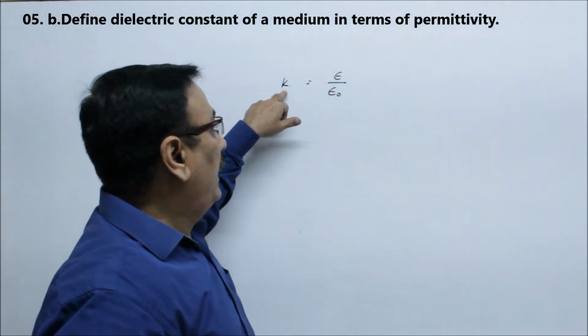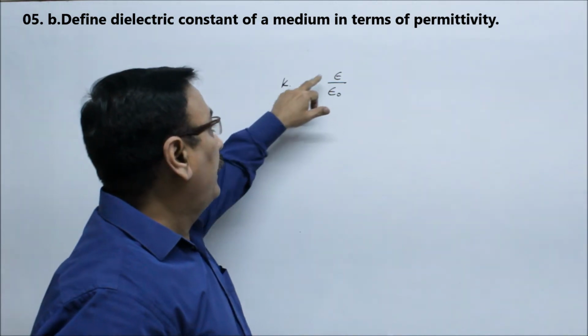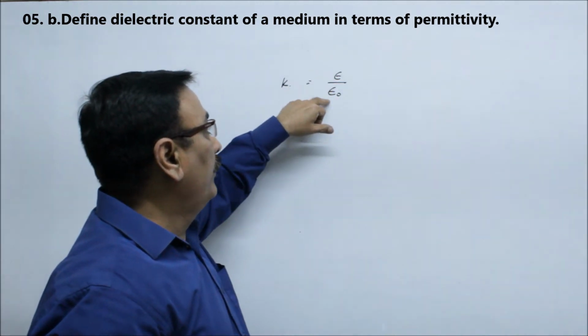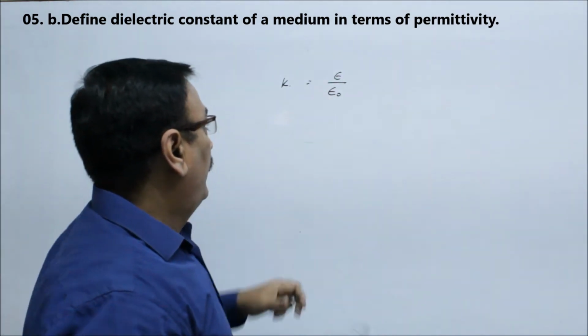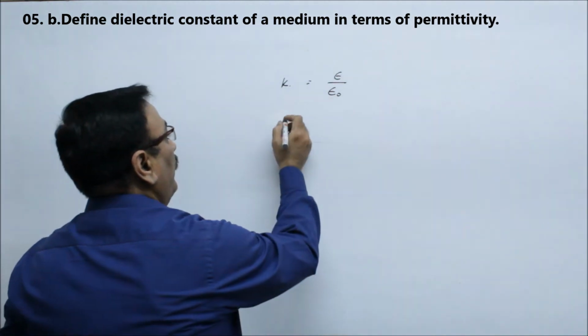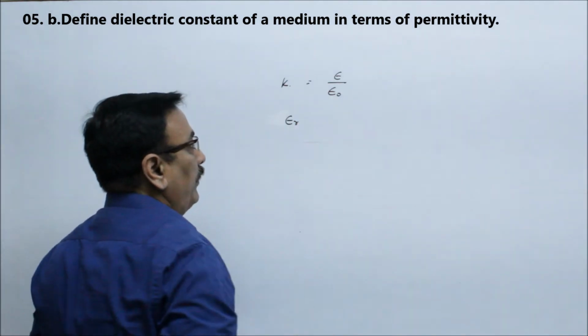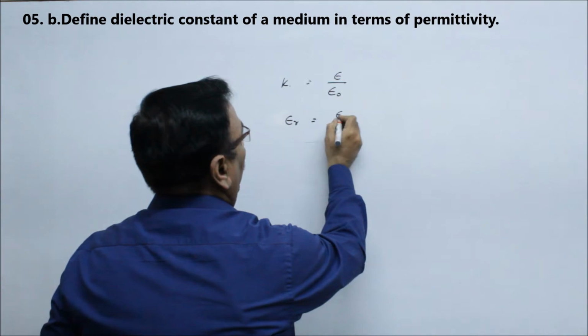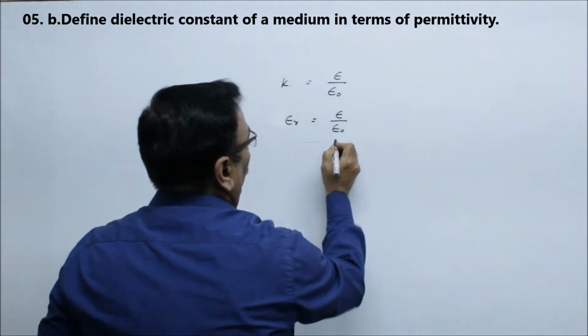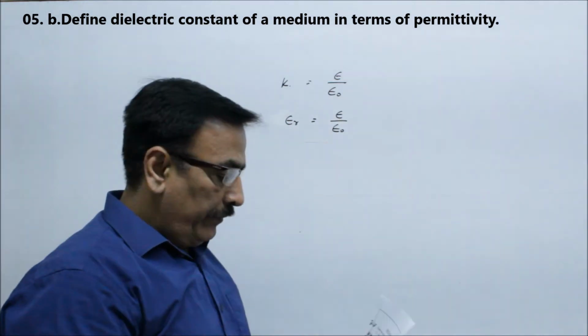I repeat once again, dielectric constant is represented by K, and it is the ratio of permittivity of the medium to permittivity of vacuum. Please remember, dielectric constant is also called relative permittivity.